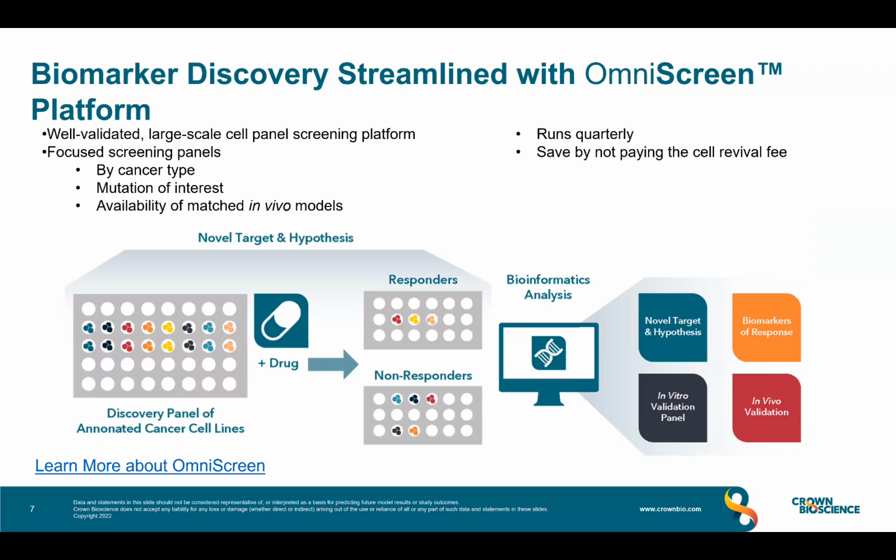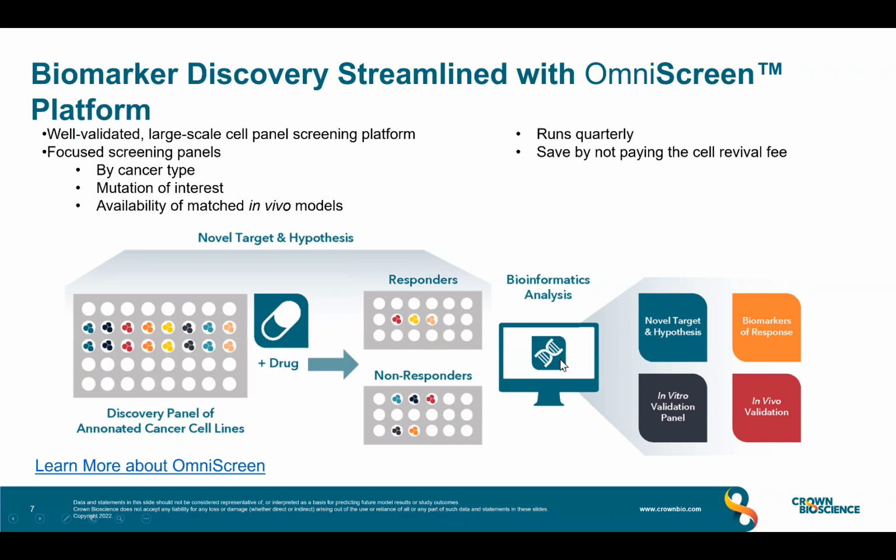Streamlining with our well-validated large-scale cell screening platform, OmniScreen, we can quickly evaluate our test drug with a large number of cancer cell lines and retrieve responders and non-responders from the test cell line panel.